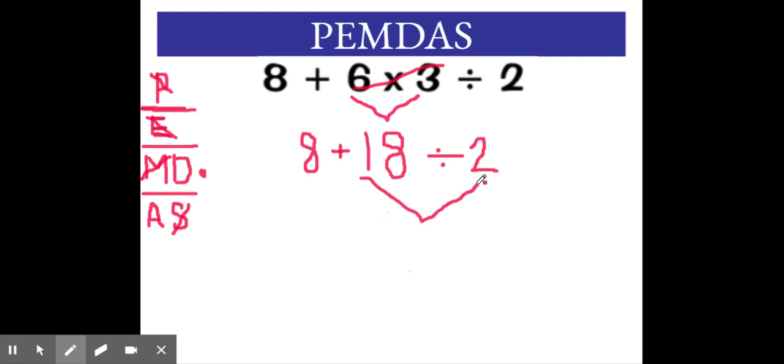What is 18 divided by 2? Yes, it's 9. We mark off our division. And we bring everything that's left down. Now, the only thing in this problem that's left is addition. 8 plus 9 gives us 17.